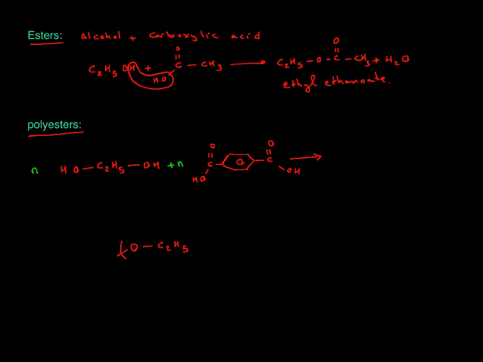Now remember that the hydrogen of this alcohol and the hydroxide of the acid will condense out. So I'll continue with the remainder without the H2O that is being condensed out. And now you will have a polyester.